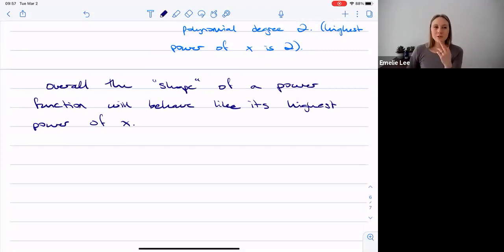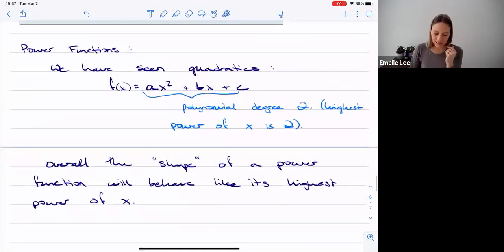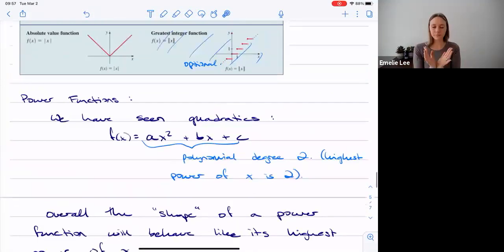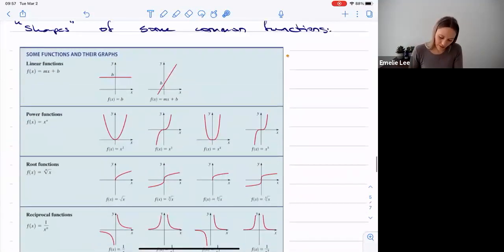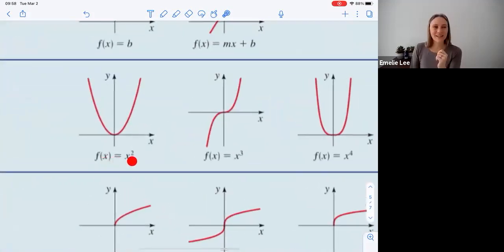So what does that mean? Well, we've already talked about this in terms of the quadratics. If my highest power of x is 2, then it's going to behave like a parabola. So if we go back to this little summary cheat sheet, if you have f of x equals x squared, then that's the overall behavior of this thing.